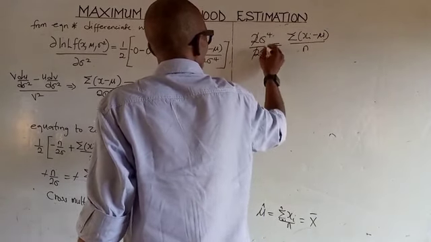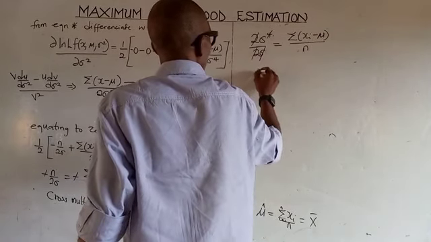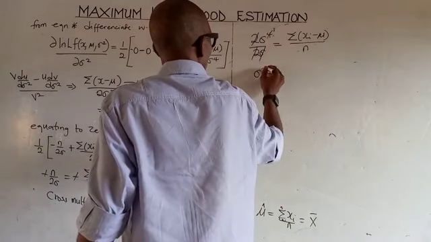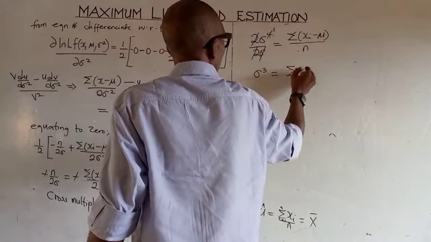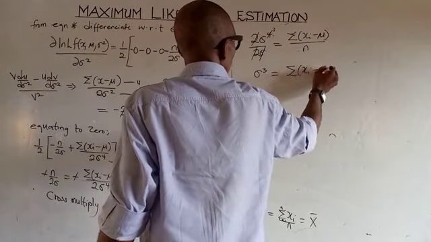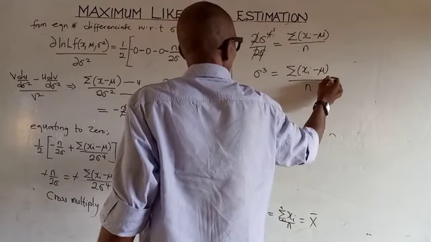So this will cancel this. This will also cancel this to give us sigma cubed equal to the summation of xi minus mu all over n.